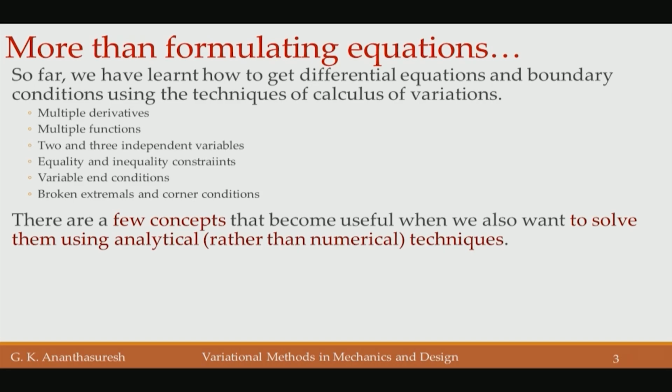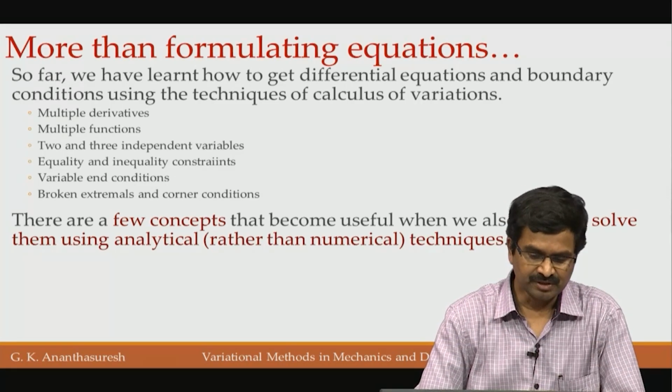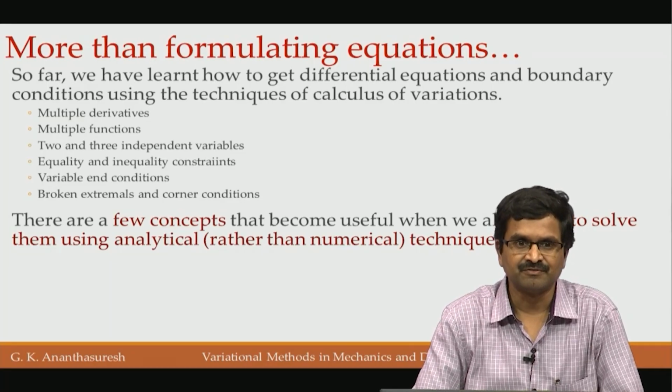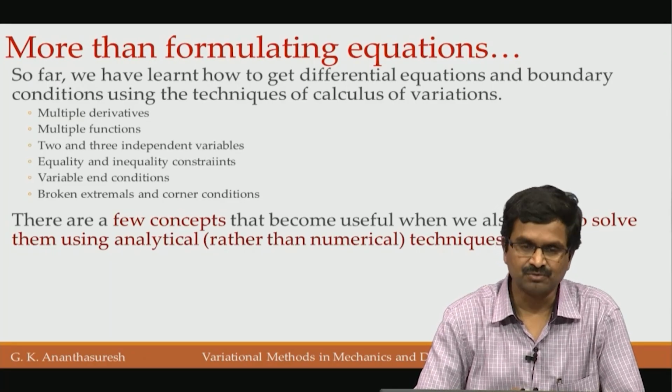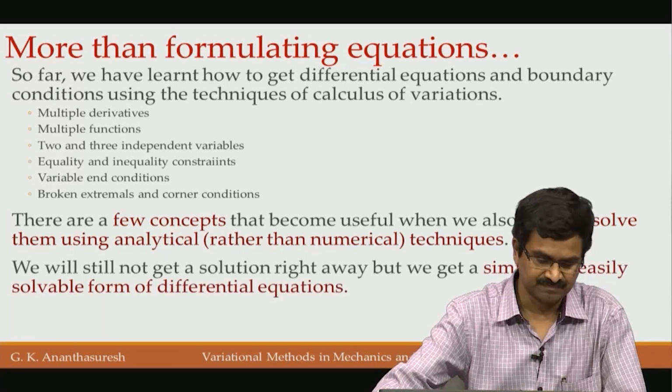We discussed all of these. Now, we are putting them to use in mechanics and structural design, but this topic is there as to how to solve this. So, there are a few concepts that we need to understand to do this: first integrals or invariants.